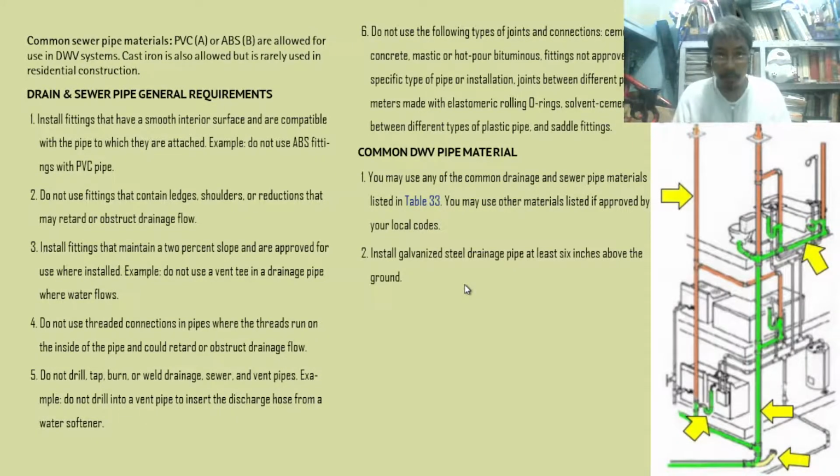Number 2, install galvanized steel drainage pipe at least 6 inches above the ground. When you are using galvanized steel drainage pipe, you have to install it at least 6 inches above, because the galvanized surface would react to certain types of material, minerals, and so on.